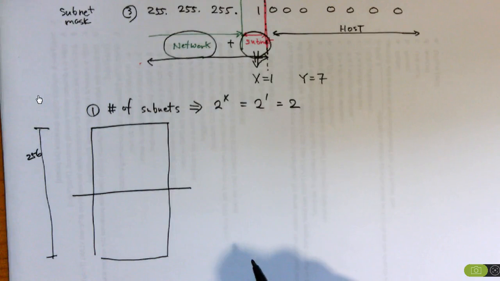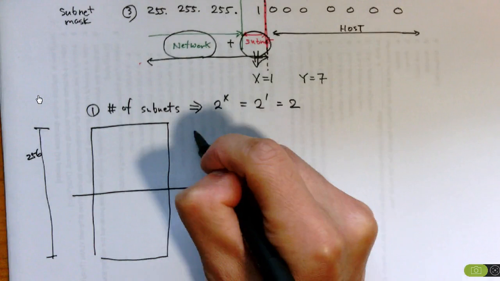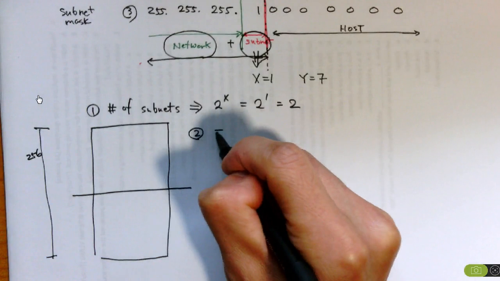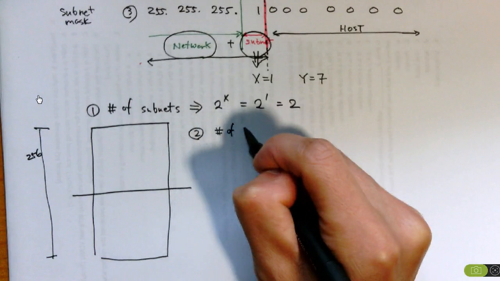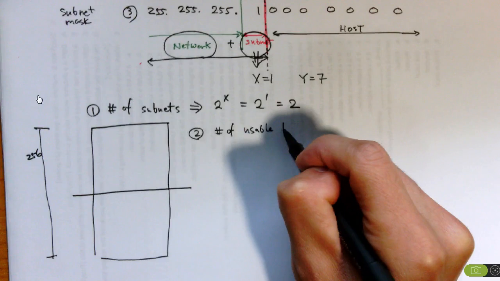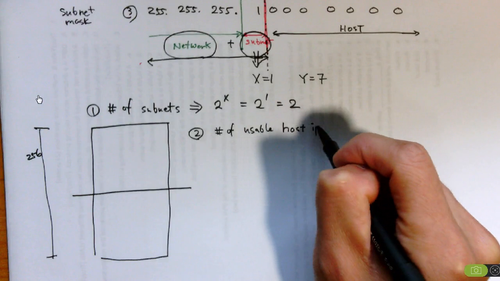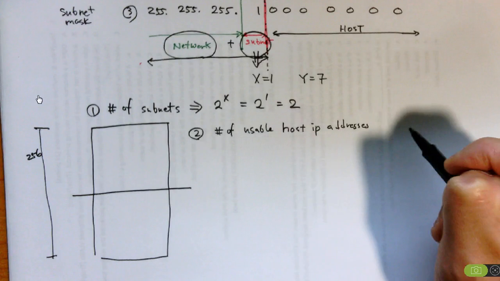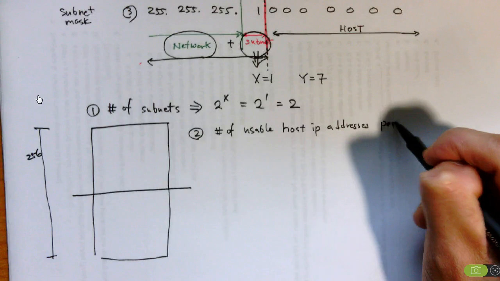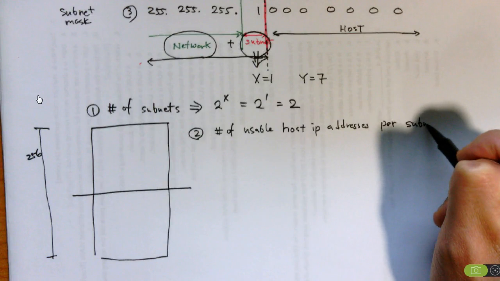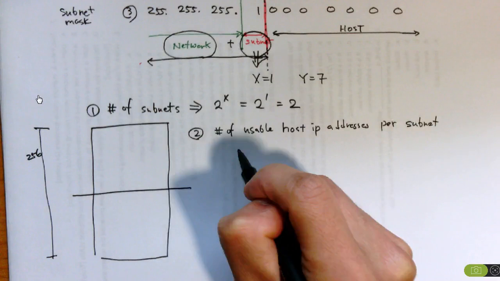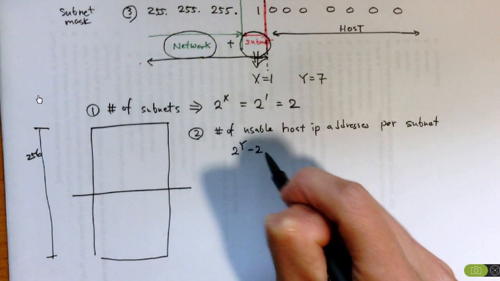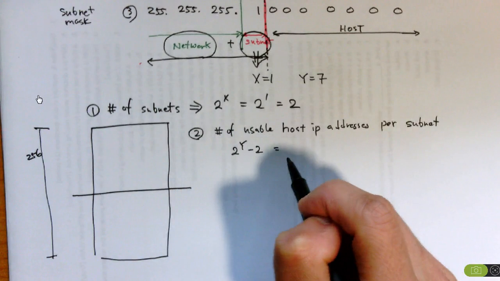But we can also use some math to find the number of usable host IP addresses per subnet, which is 2 to the y minus 2, and y is 7.